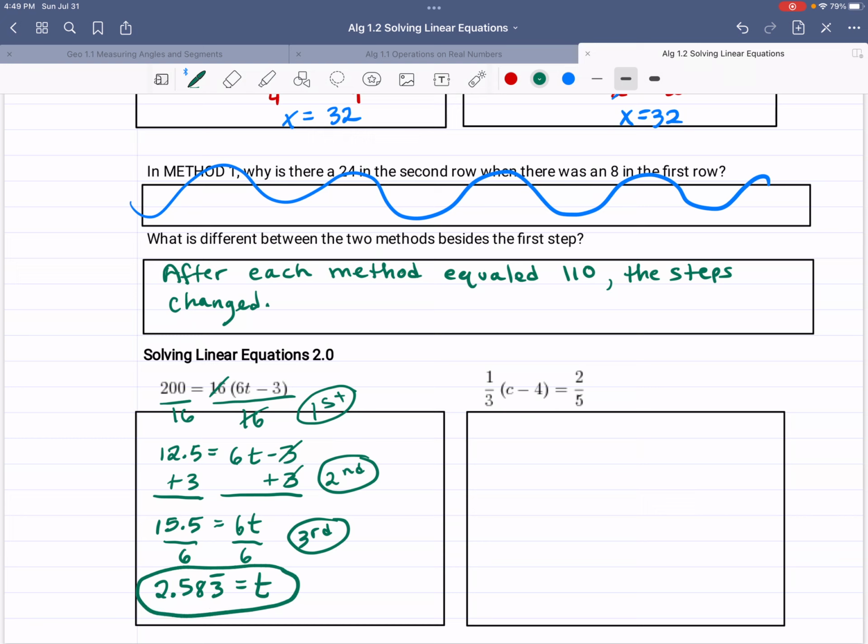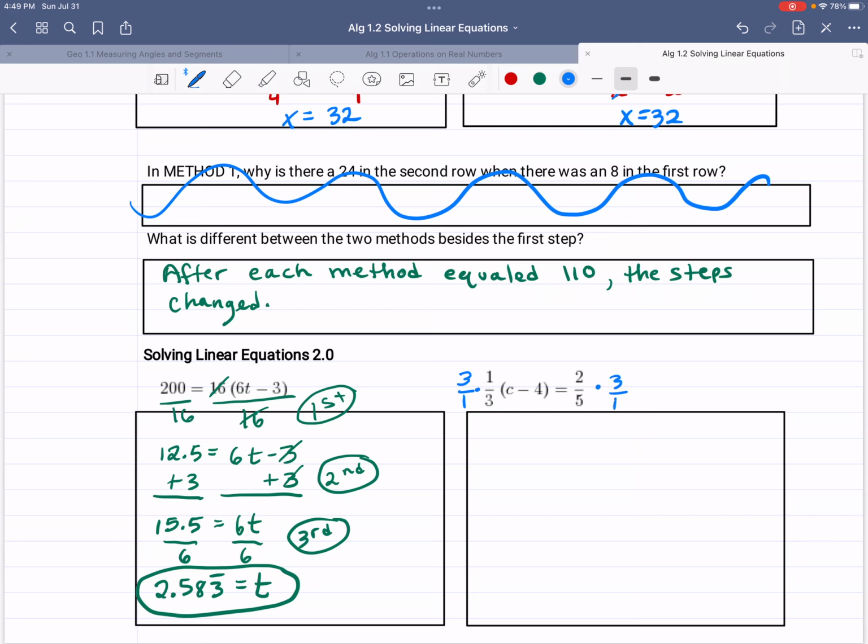Okay, in this next example, we have 1/3 parentheses c minus 4 equals 2/5. My first step in this problem is I want to get rid of the 1/3. So instead of distributing 1/3, I'm going to multiply by the reciprocal. That'll be my first step. 3/1. That is the reciprocal.